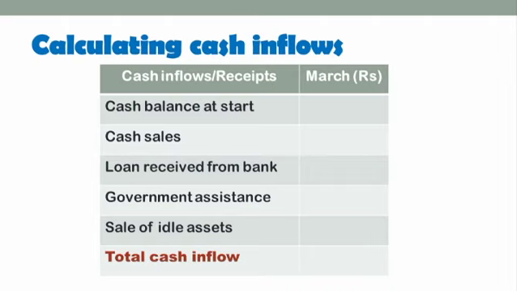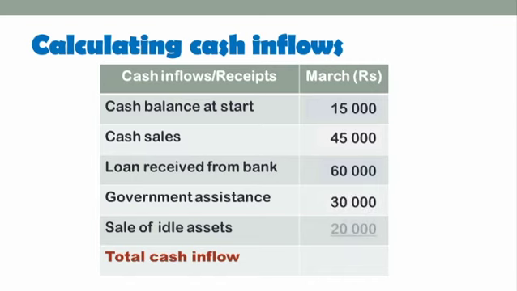We put it in this tabular form, so the cash balance at start will be 15,000 rupees plus cash sales 45,000 rupees plus loan received from bank 60,000 rupees plus government assistance 30,000 rupees plus sale of idle assets 20,000 rupees to obtain a total cash inflow of 170,000 rupees.